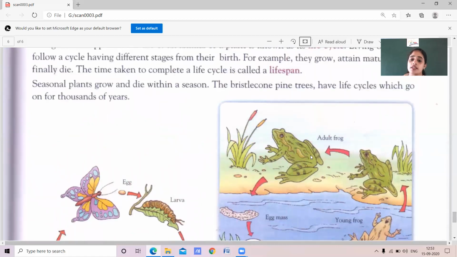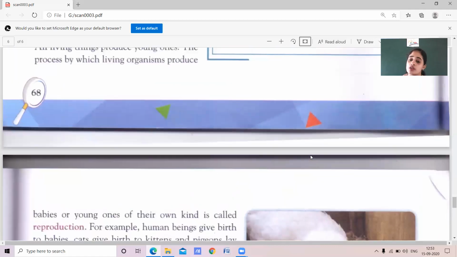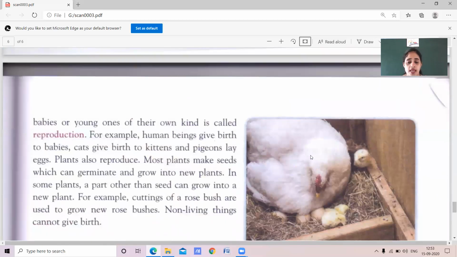Children, in this lesson, you learnt about cell, tissue, organ, and organ system that constitute the cellular structure. Along with that, you learnt some of the characteristics that living organisms exhibit.